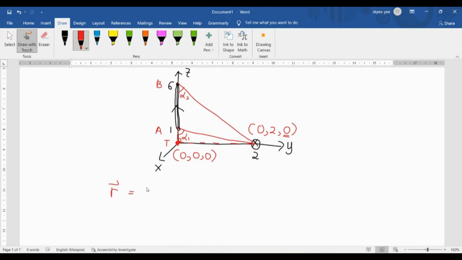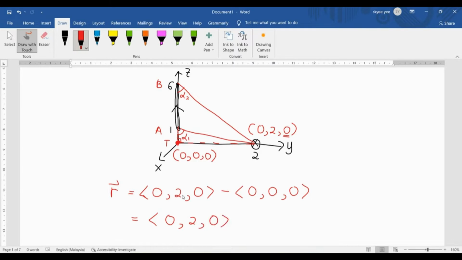So you take the position vector of the observation point, 0, 2, 0, and this we call the position vector because you see this is the symbol of a vector, minus the position vector of the point T. So it will be equal to 0, 2, 0.